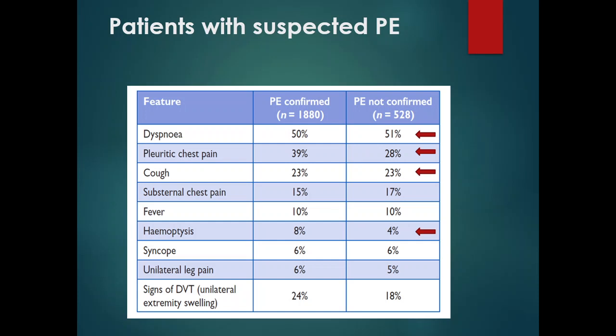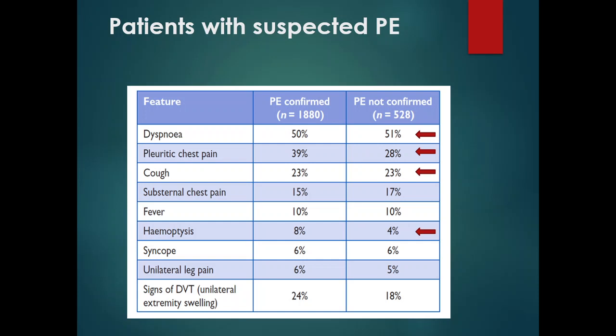But the common symptoms are dyspnea, for example, 50% of them, cough 23% of them, pleuritic chest pain 40% of them. But if you compare the ones with or without PE, and these are large numbers of patients, you'll see no differences. For example, dyspnea 50-50, pleuritic chest pain 40-28%. So these symptoms are non-specific.